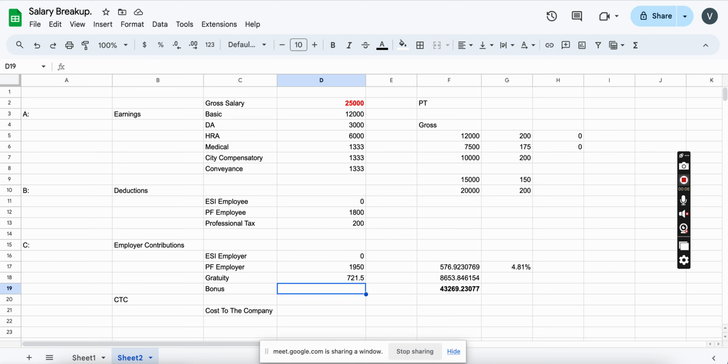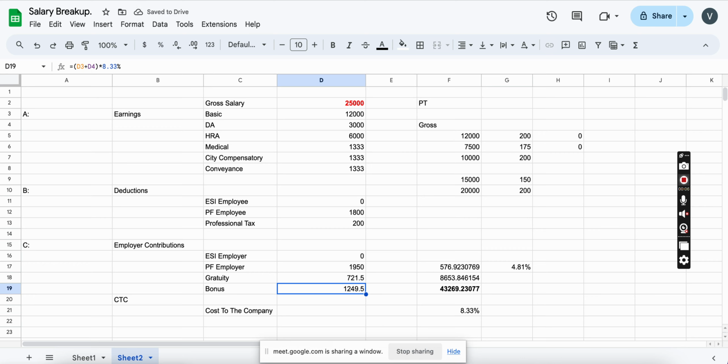Okay, now next is bonus. Bonus is calculated at 8.33% of basic and DA. So simple, again, basic plus DA into 8.33%, and this is the bonus calculated.